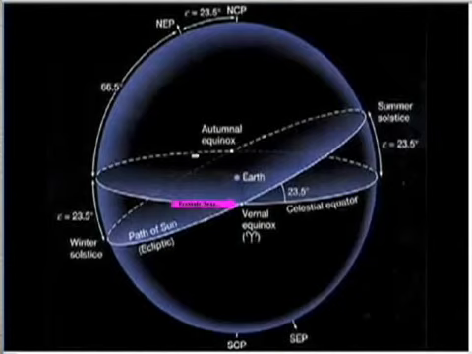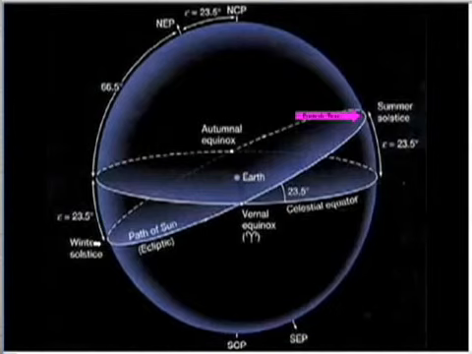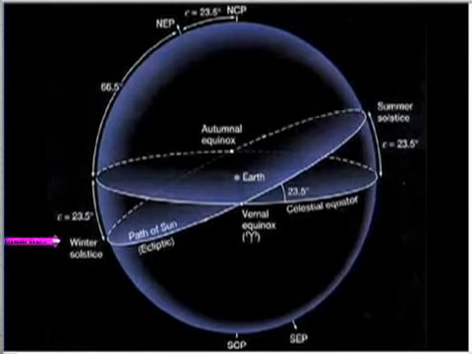So when the sun is in the north, it's summer in the northern hemisphere and winter in the southern hemisphere, like down in South America and Africa and Australia. When the sun is in the south, it's winter in the northern hemisphere, but it's summer in the southern hemisphere. So that's nice and confusing.